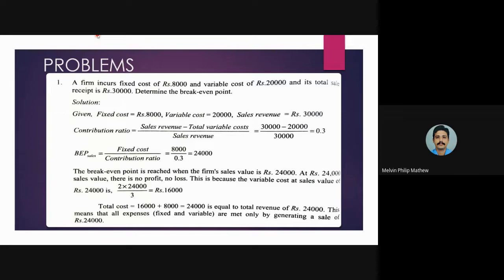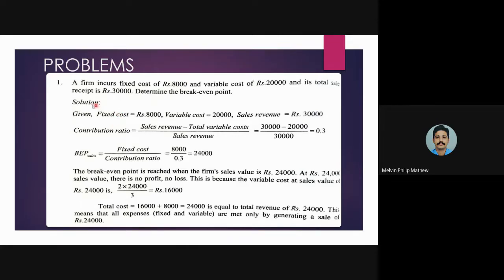Here, what are the given data? Look at the given data. We have the fixed cost, that is rupees 8,000, which is denoted by F.